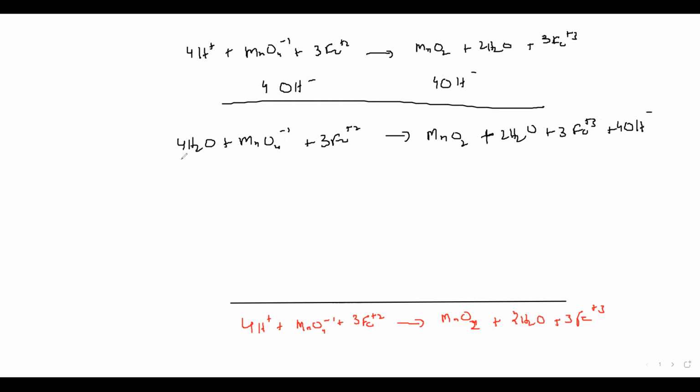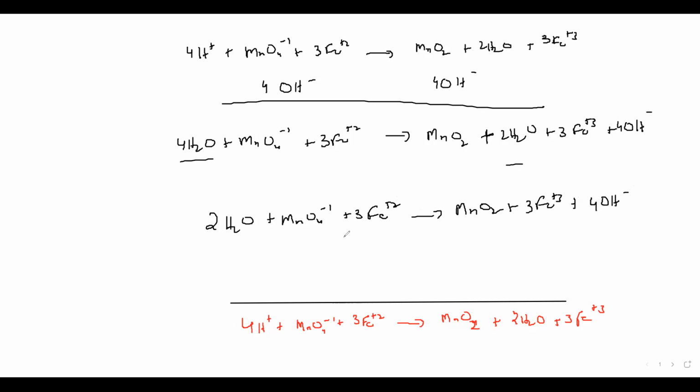But you can see 4 water molecules and 2, so this will move to the other side. Then the final equation will be 2 water molecules, MnO4 -1 plus 3Fe2+ changes to MnO2 plus 3Fe3+ plus 4 OH. Is it clear? This is in alkaline medium.